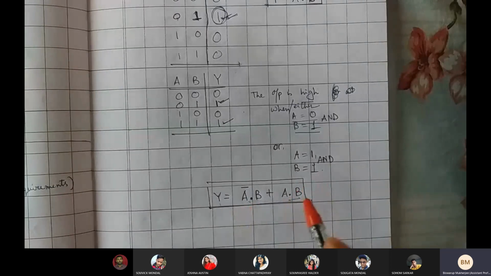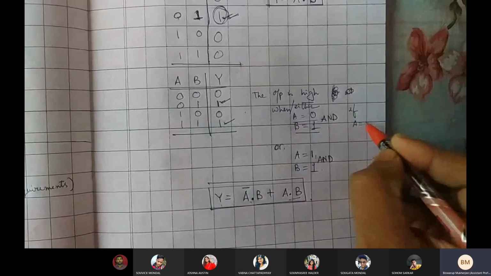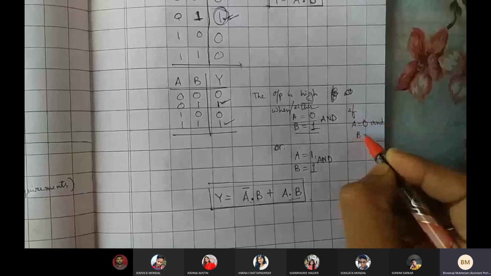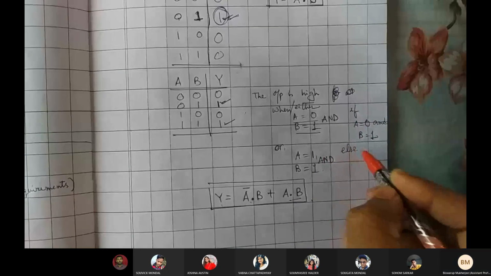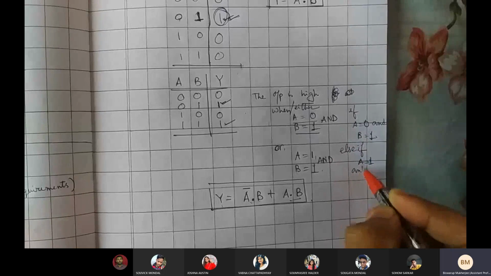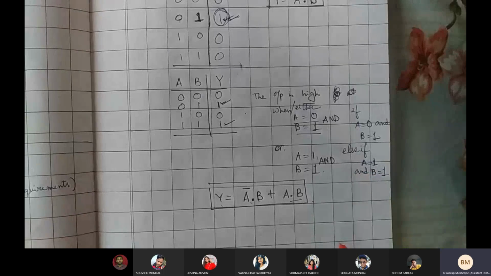So you can write it down like this: if a value equal to 0 and b value equal to 1, then my output is high. Else if a value equal to 1 and b value equal to 1, then also output is high, right?